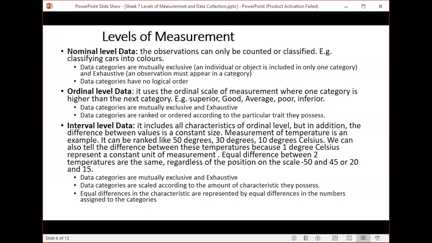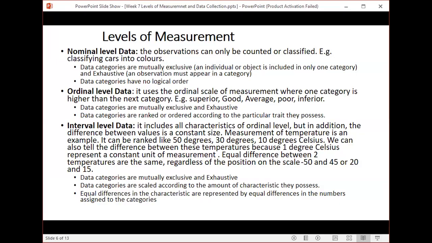What are the characteristics? The data categories are mutually exclusive. If I put cars into red, yellow, and green, no car can be red and green. Every category is mutually exclusive.